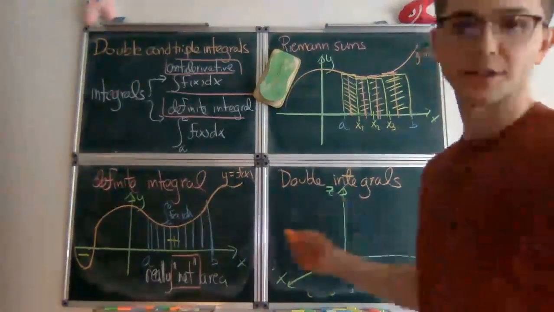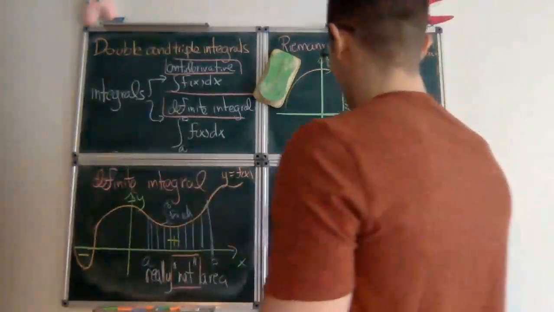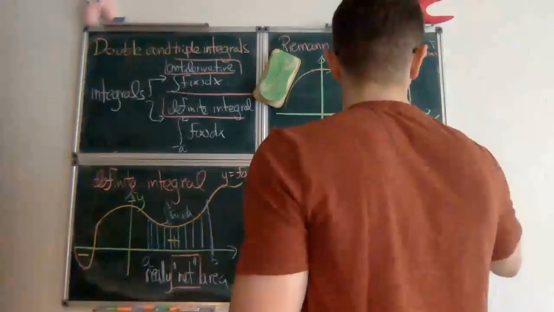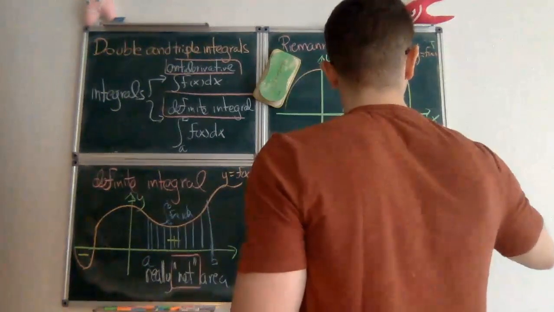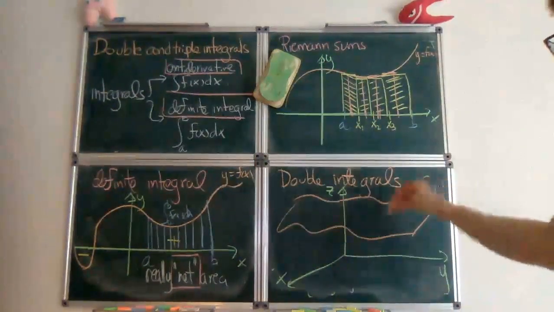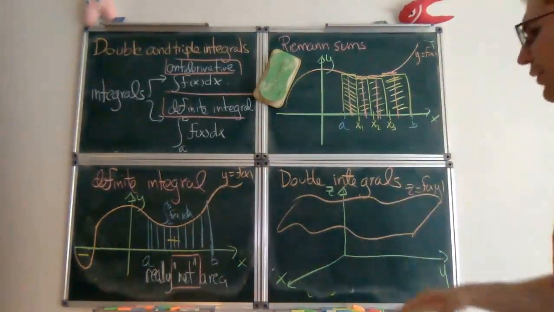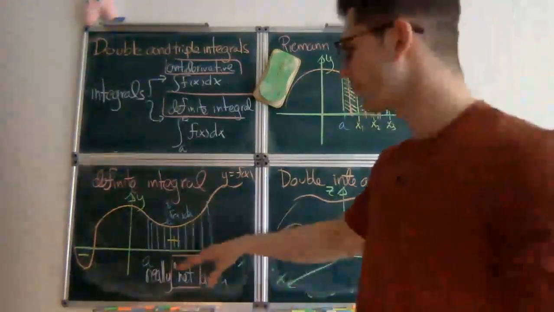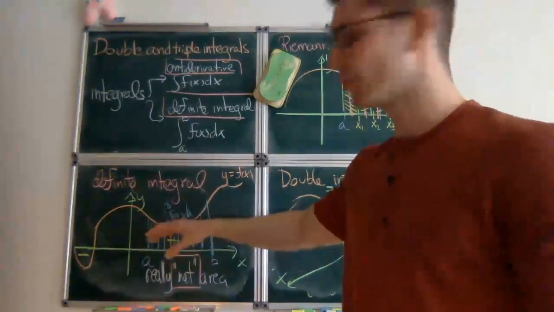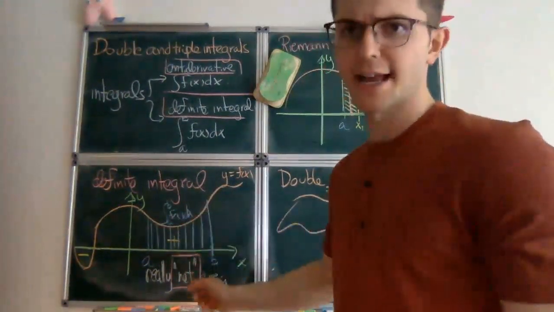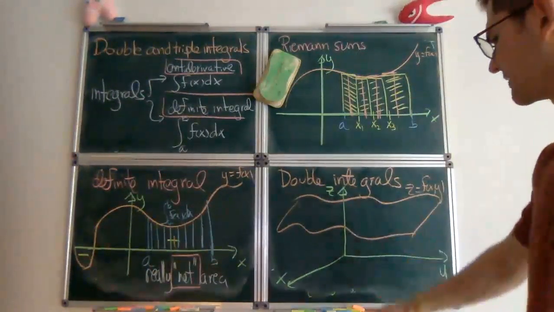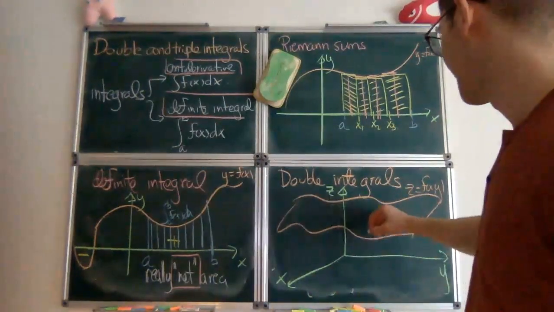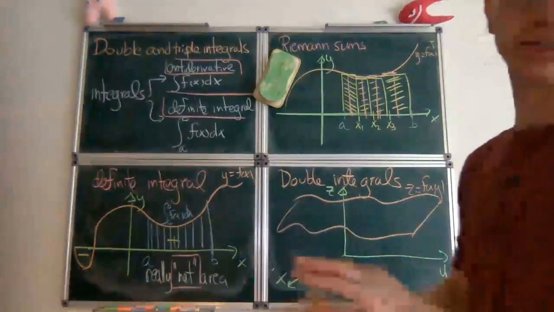The graph of a function of two variables looks like a surface. So here's an attempt of a graph for the surface. And before we would talk about the area between this curve and the x-axis. Now it makes sense to talk about the volume between this surface and the xy plane, which is the floor.